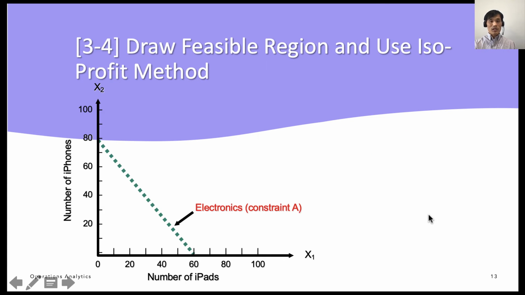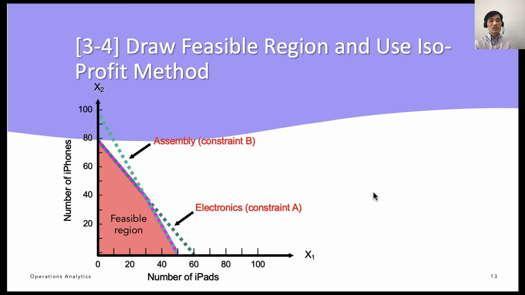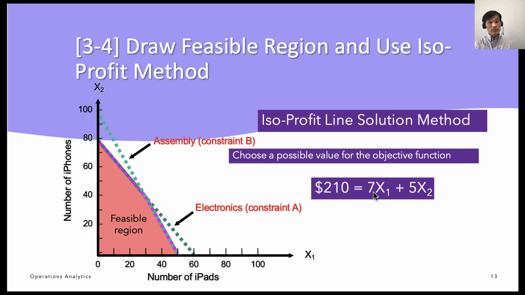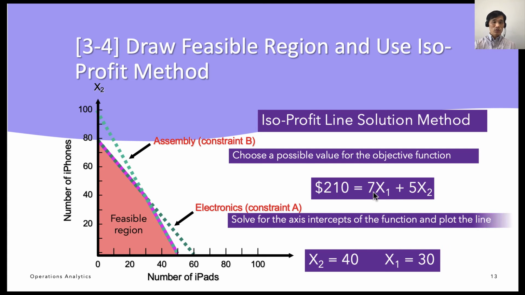The next step is that you need to use the iso-profit line, or the iso-cost line if it is a minimization problem, and then try to move it so that you can find where the maximum point lies. So your objective function is 210 equals 7x1 plus 5x2, and you want to move this line.